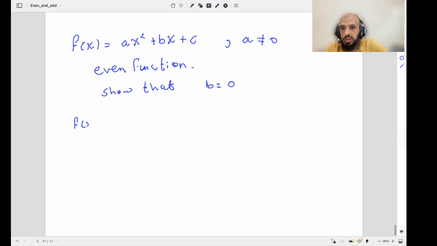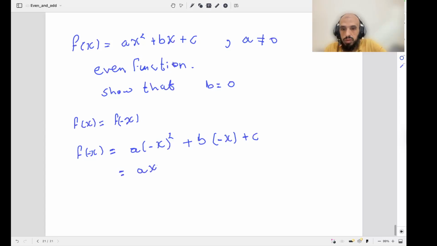which means that f of x equals f of negative x, which is going to be equal to a times negative x all squared plus b times negative x plus c, which is going to be equal to ax squared minus bx plus c, and since it's an even function, this is going to be equal to f of x, the original one, which is ax squared plus bx plus c.